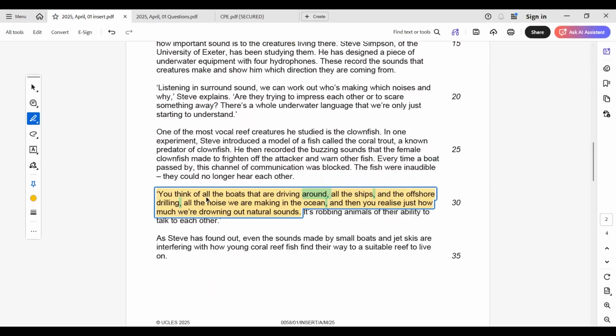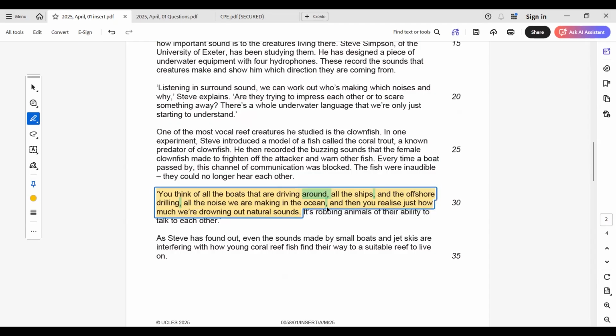You think of all the boats that are driving around, all the ships, and the offshore drilling, all the noise we are making in the ocean here. So it's very clear that the use of these commas is to separate items in a list. You can see, to separate ideas or items in a list, all the ships or the offshore drilling, etc. So this is one of them.